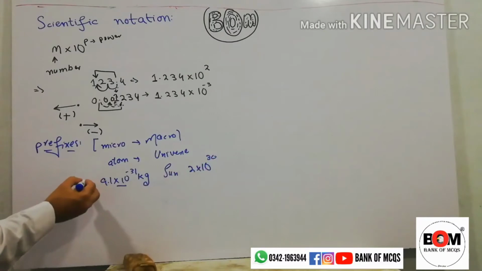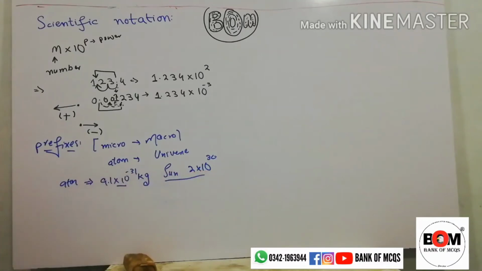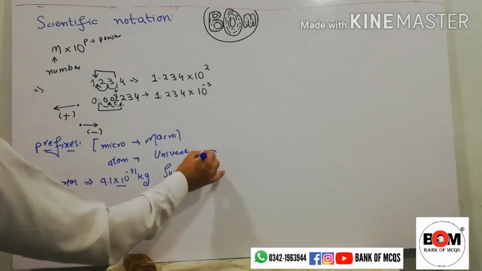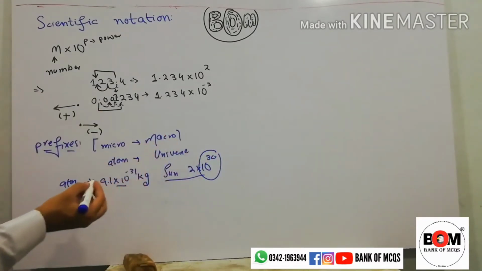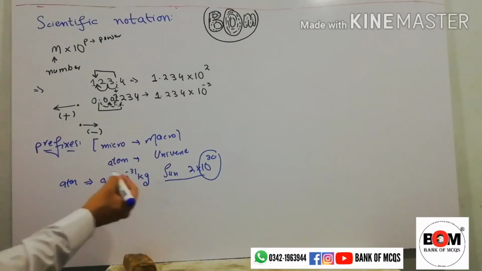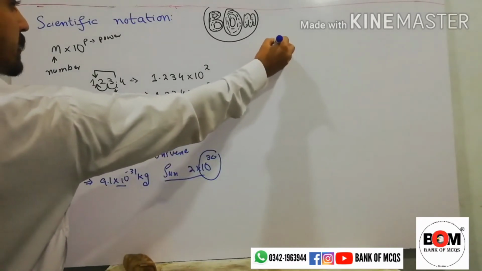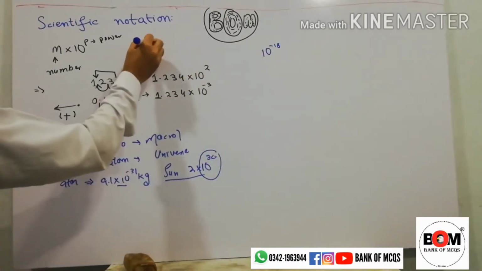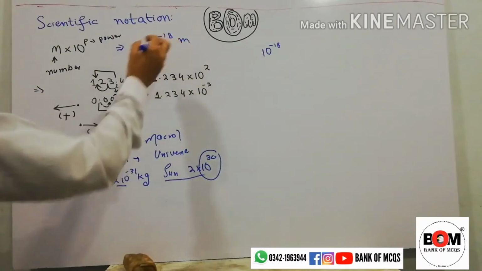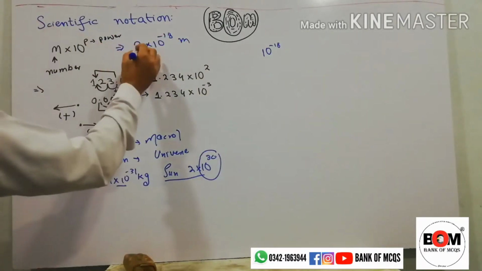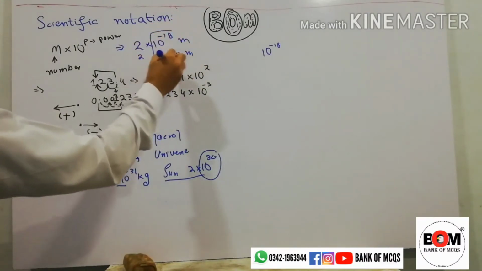So on one side we deal with the mass of an atom, while on the other side we deal with the mass of the sun. To avoid repeating numbers like 10 to the power 30 or 10 to the power 20, we use a special name or letter instead. For example, if we have a length of 2 multiplied by 10 raised to the power minus 18 meter, instead of writing 10 raised to the power minus 18, we will call it 2 attometer.